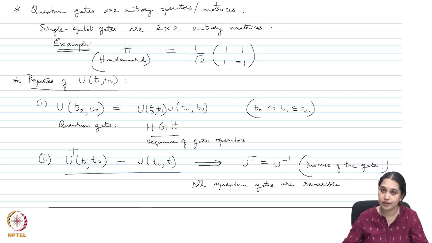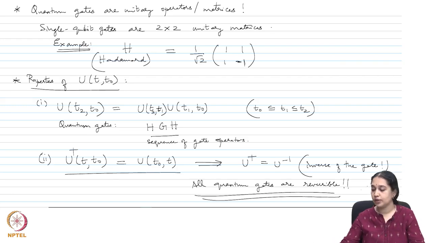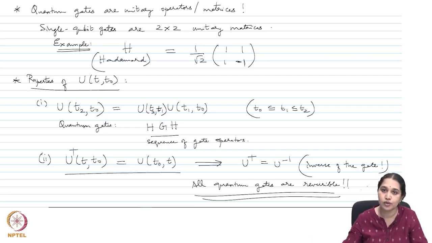Not all classical gates are reversible, but in the quantum case, all quantum gates are reversible. So we'll stop this segment here, having discussed postulates 2 and 3, which talk about physical quantities associated with the quantum system, their representation in terms of Hermitian operators, and finally time evolution in terms of unitary operators.